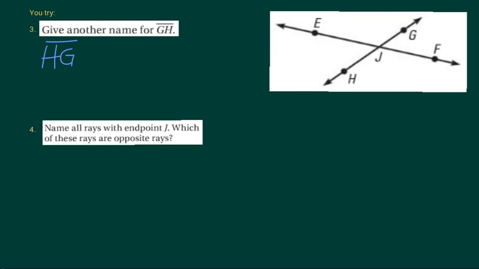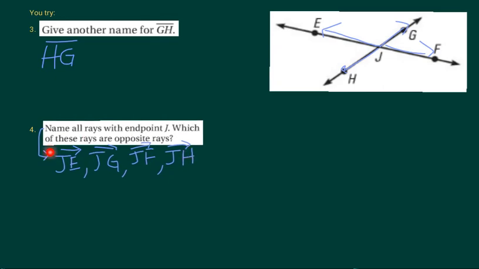For all the rays that have an endpoint as J, it starts at J, goes to E, starts at J, goes to G, starts at J and goes to F, starts at J and goes to H. And those are our blue ones down here. So then the next ones, which of these rays are opposite rays? The only ones would be our JG and JH as a pair. And then the other pair would have to be JE and JF as a pair.